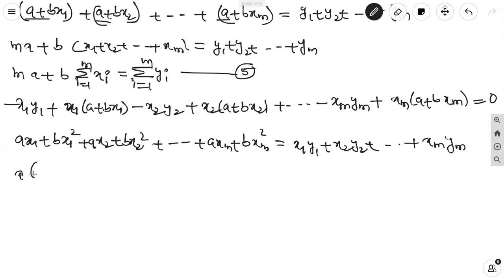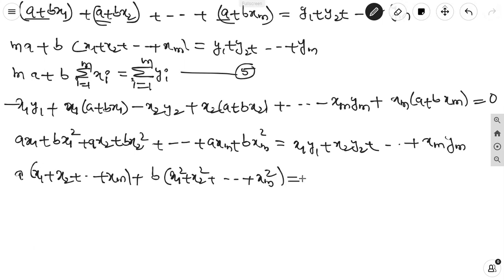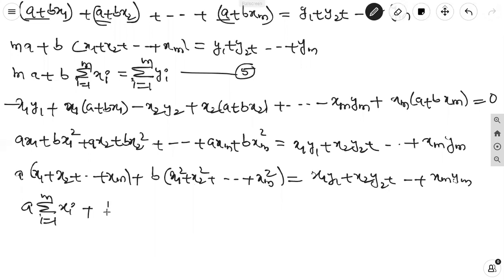In this, a is taken common, the remaining terms are x1 plus x2 plus so on plus xm, plus b is taken common with x1 square plus x2 square plus so on plus xm square, equal to x1 y1 plus x2 y2 plus so on plus xm ym. So we can write it as a summation i equal to 1 to m xi plus b summation i equal to 1 to m xi square is equal to summation i equal to 1 to m xi yi. It is equation 6.